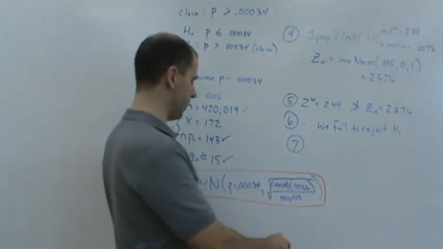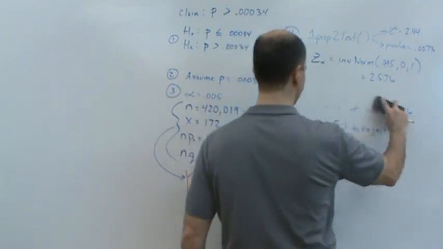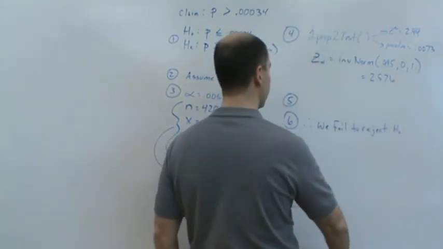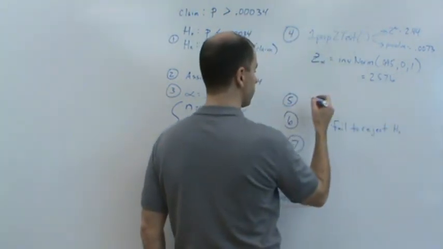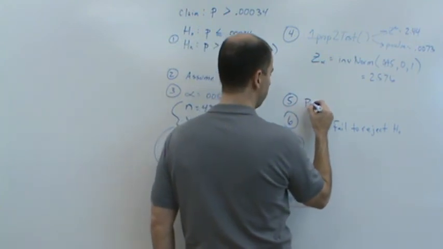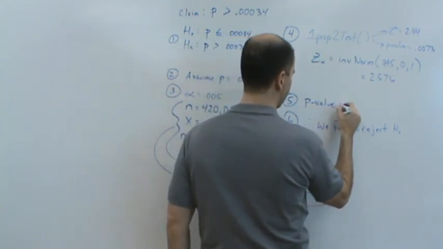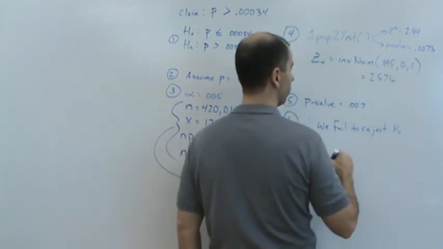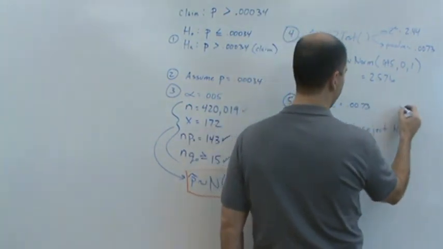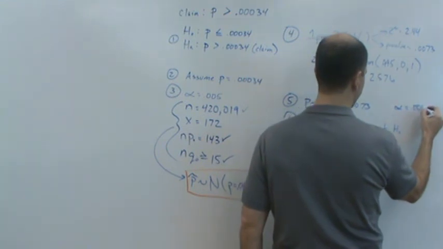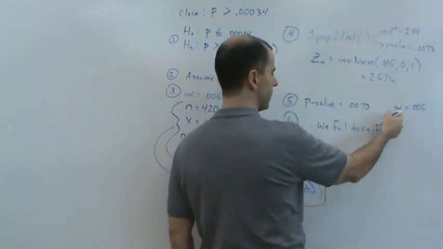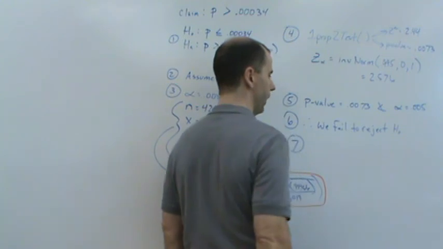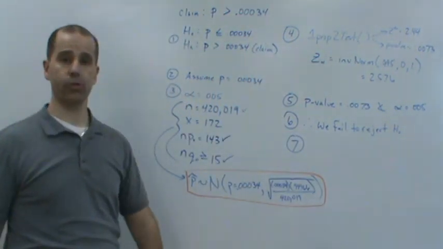And then, of course, you can use the p-value too, right? So what's the p-value? 0.007. So p-value is equal to 0.0073, and our alpha level is 0.005. And is our p-value less than alpha? No. And of course, we get the same result.